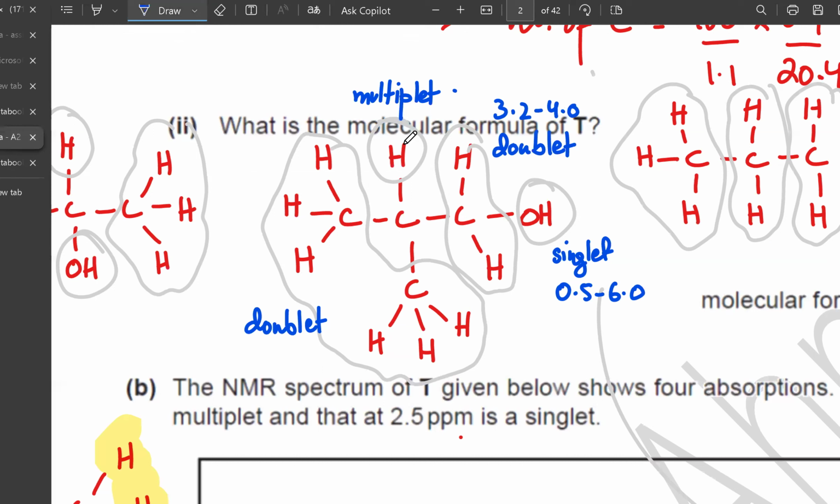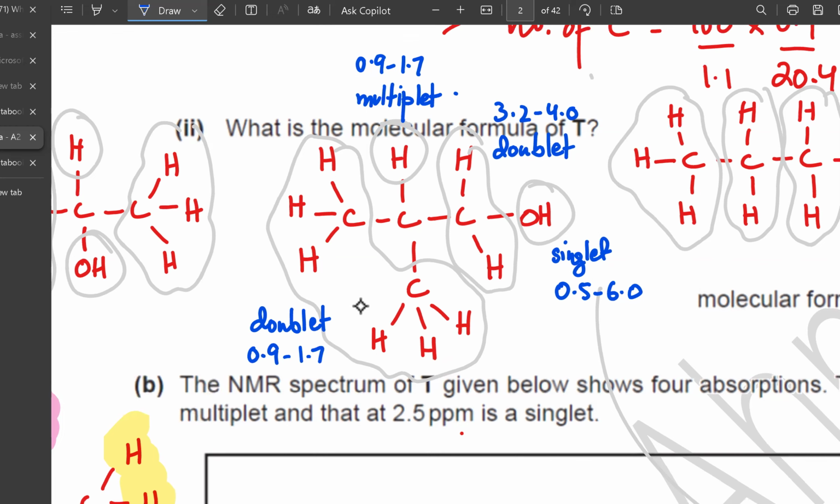This CH has no electronegative atom in its neighborhood, no alcohol or double bond, nothing. It's just an alkane type environment. This one also has an alkane type neighborhood, because it's CH and then again CH2, so its immediate neighborhood is alkane type. So that's also 0.9 to 1.7. Okay, clear?